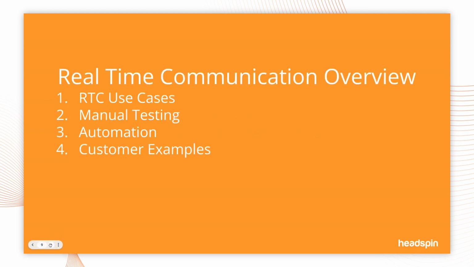So here's kind of my flow for what I want to cover. I want to walk through some use cases, how to manually interact with the devices on the HeadSpin platform, how to do some automation against these devices in real-time communication situations, and a few customer examples.